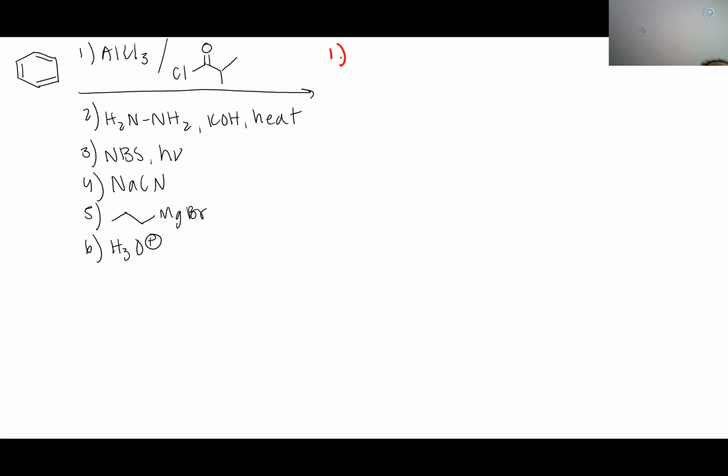So in step 1, what is that? You're adding on that Friedel everything attached to the chloride. Acylation? Right, yes, this is a Friedel-Crafts acylation. So basically replace this with the benzene, right? We don't have to worry about any rearrangements or anything with acylation.